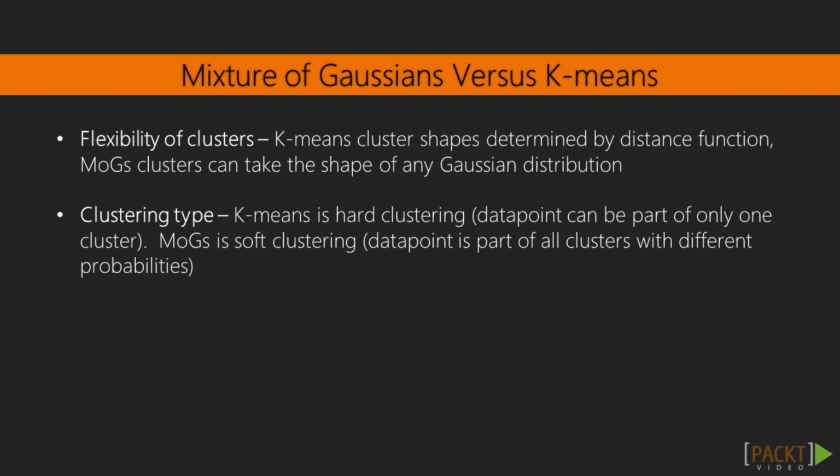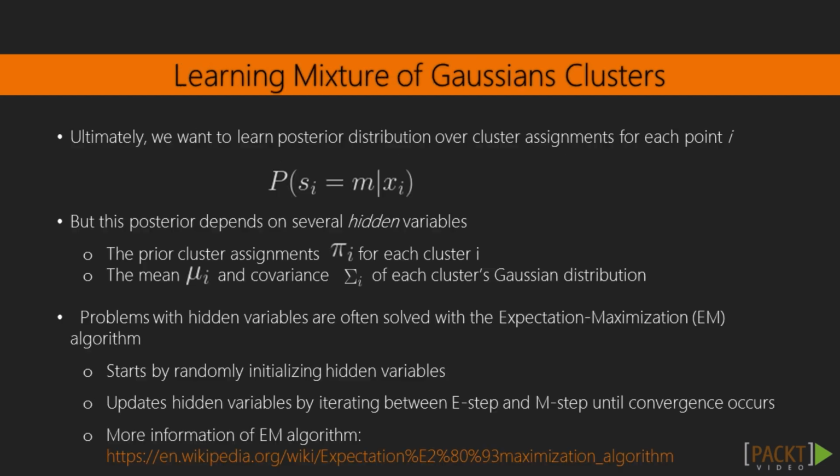With mixture of Gaussians clustering, the clusters can take the shape of any Gaussian distribution, which is somewhat more flexible. Furthermore, k-means creates hard clusters, which means that each data point belongs to only one cluster. Mixture of Gaussians produces a distribution over cluster assignments, which means that a data point belongs to all clusters with different probabilities.